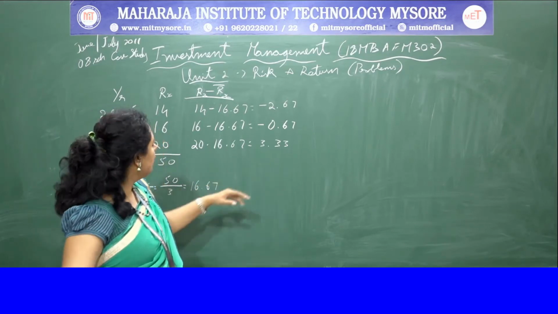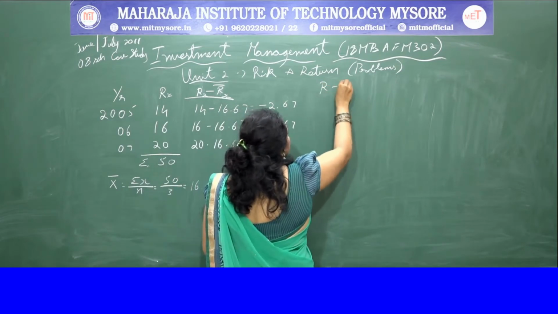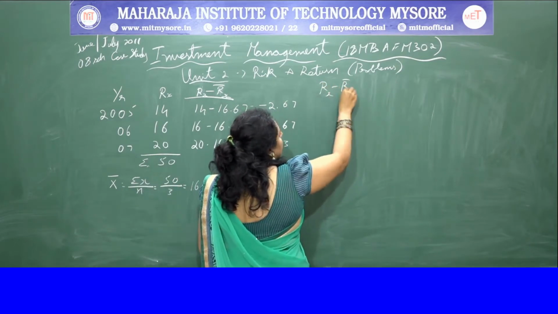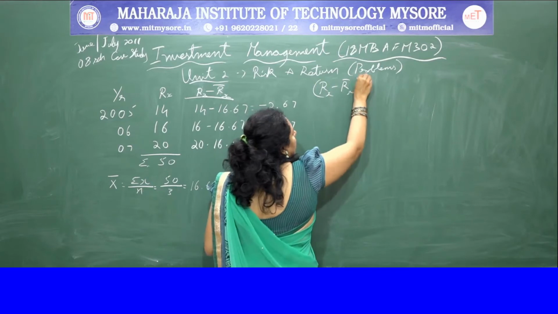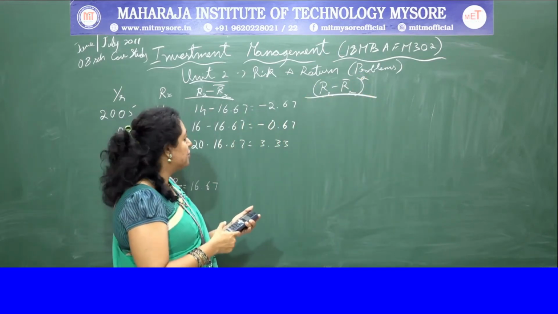So what do we need to do in the next step? The next step is Rx minus Rx bar squared. Whatever answer we have got, we are going to square it.